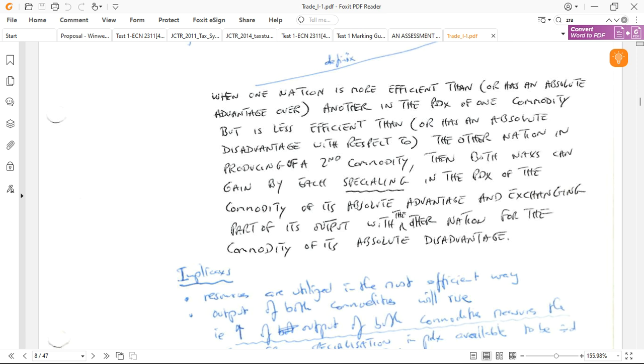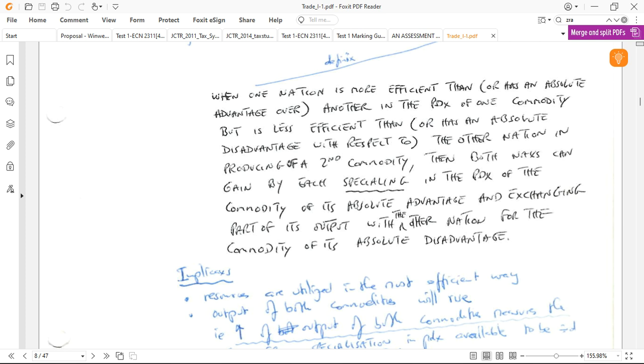Let the other party specialize in the commodity in which you are inefficient. Since you are producing two opposite commodities, you can engage in trade, and this trade is going to be beneficial to both parties. You're going to be smiling even as I smile.